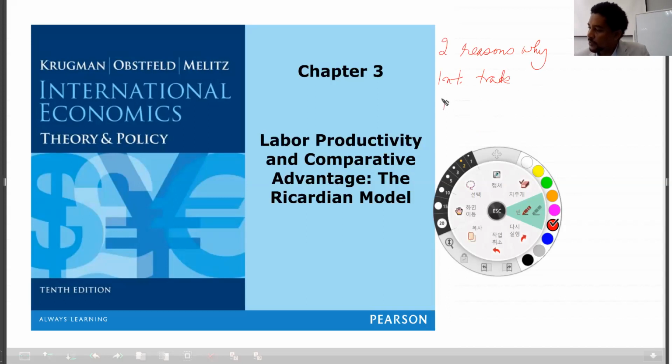The first one is because every country is different, right? The difference in resources, the difference in producing capacity, there are so many differences that countries have, so they can make up for their differences. That is the first reason why countries engage in international trade, because nations, like individuals, can benefit from each other.